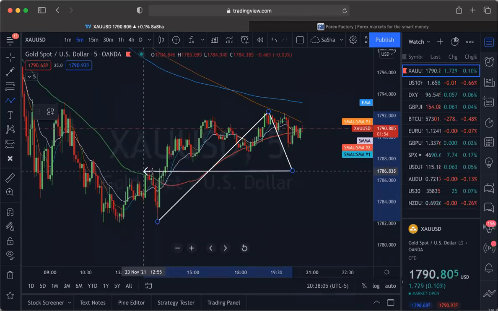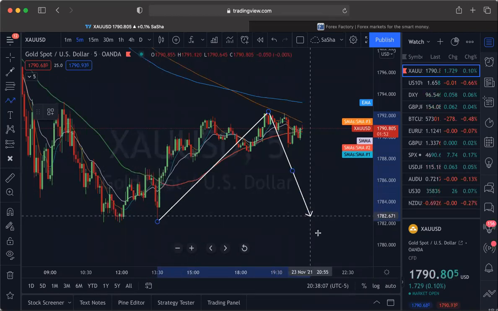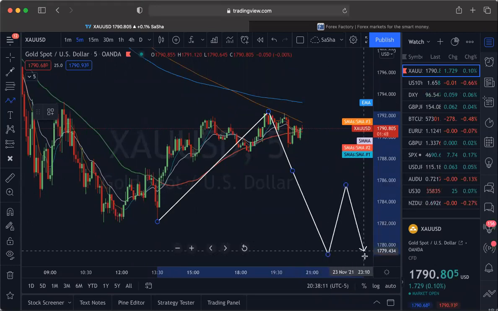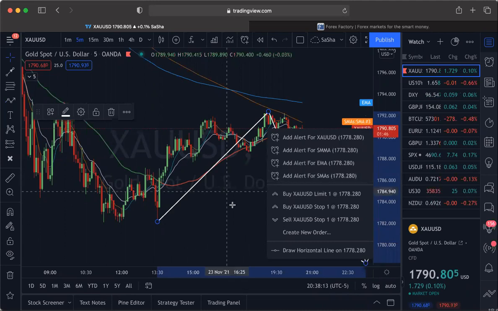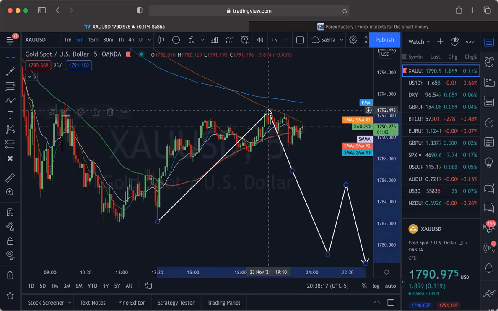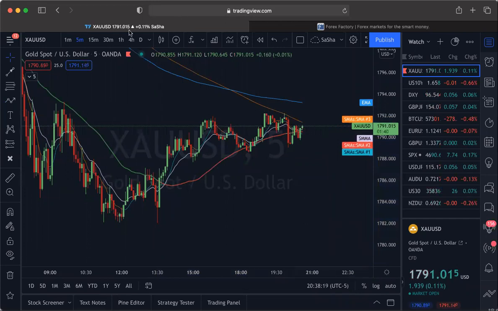But if it does not respect this and wants to continue down, that means again we are changing the trend. That's how I look at break of structure, and I hope I've explained it. If you have any question, ask me. I'm going to stop the recording.